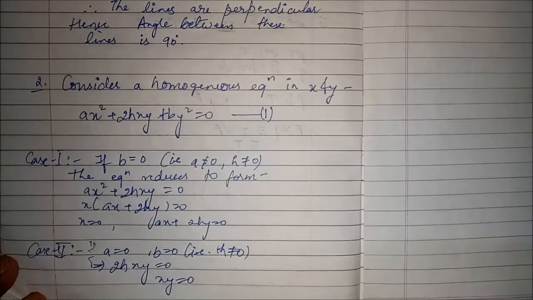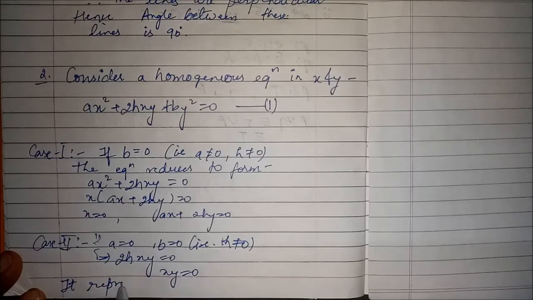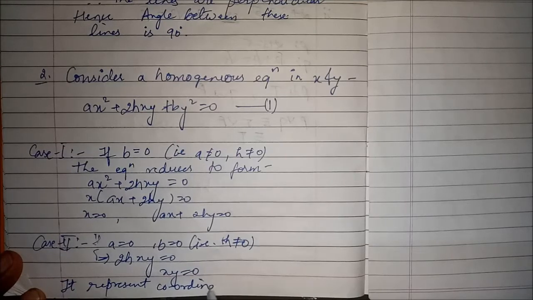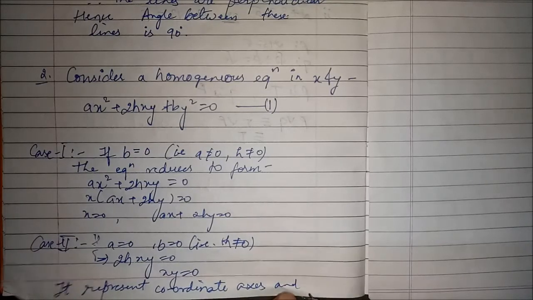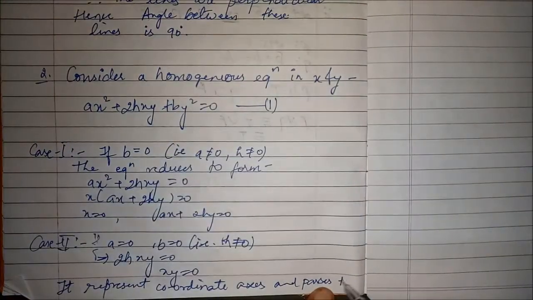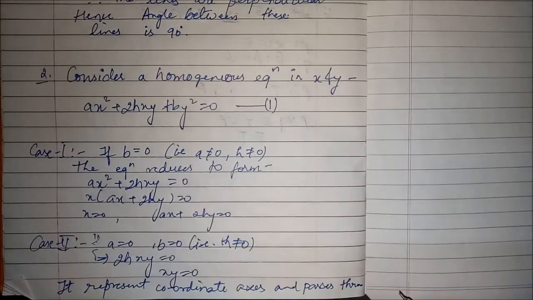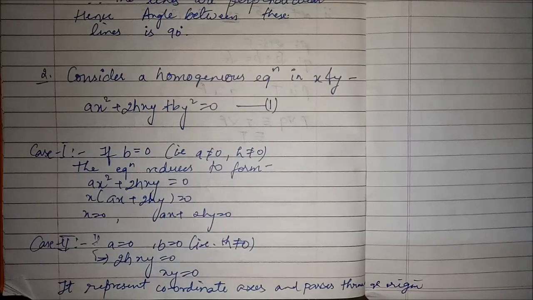Here it shows that it represents coordinate axis and passes through origin.